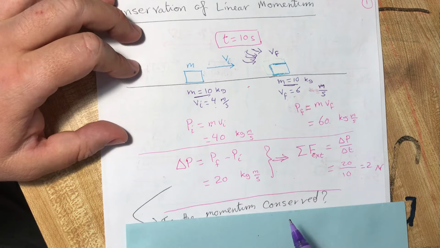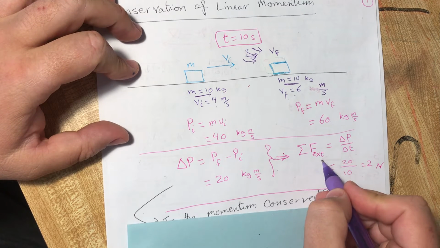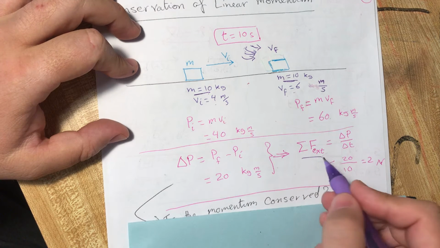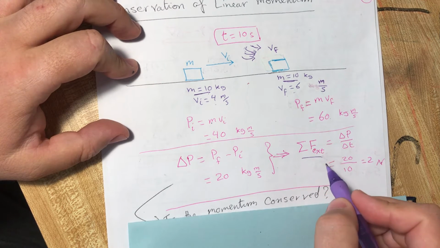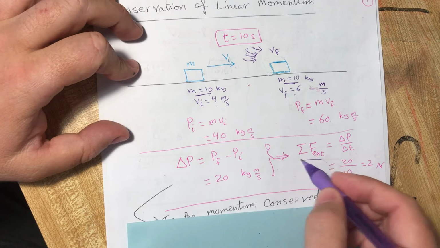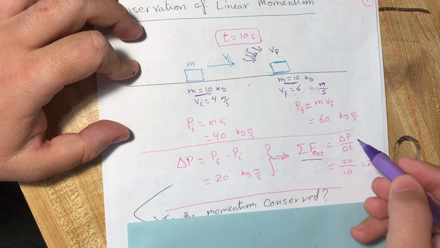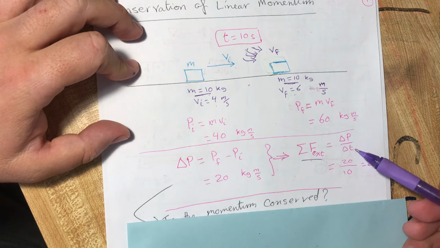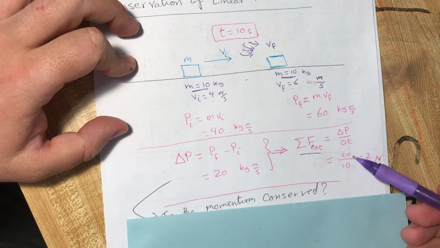If we need to compute the external force, we know the relation between Newton's second law and the change in momentum. The external force is equal to delta P over delta T. Delta T is 10, delta P is 20.